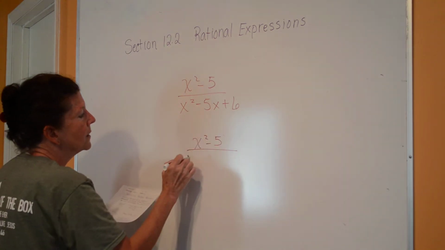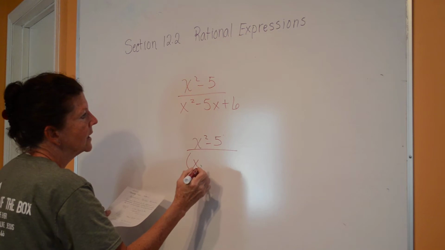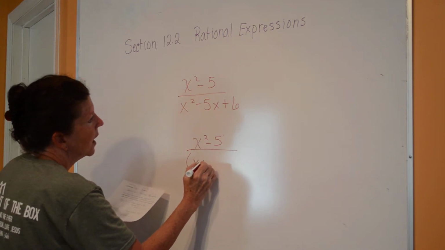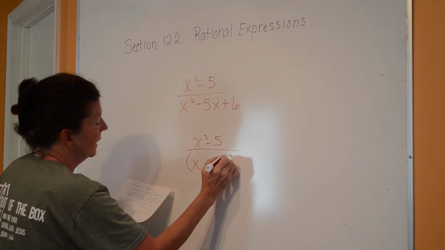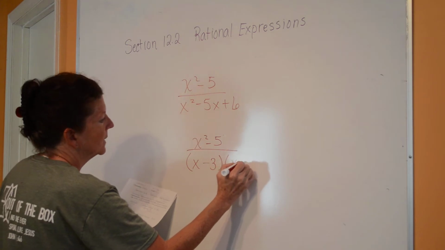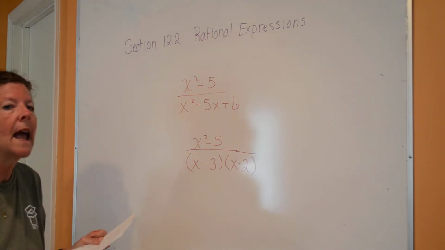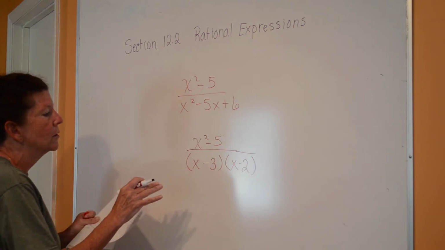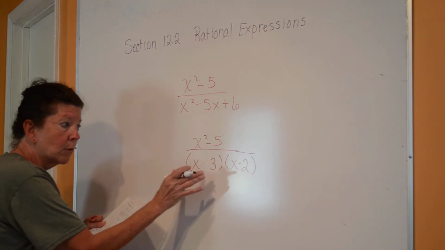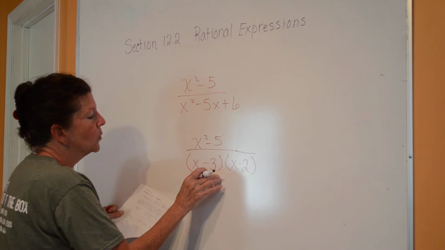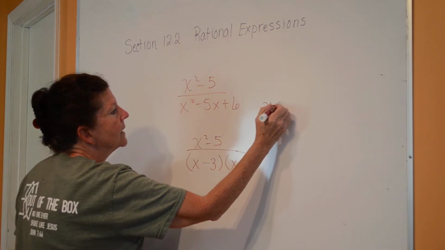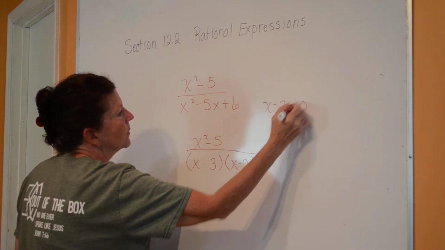So I'm going to look at the bottom and factor it into (x minus 3) and (x minus 2). Now, what can x not be equal to that would give me a 0 on the bottom? I set both of these equal to 0.